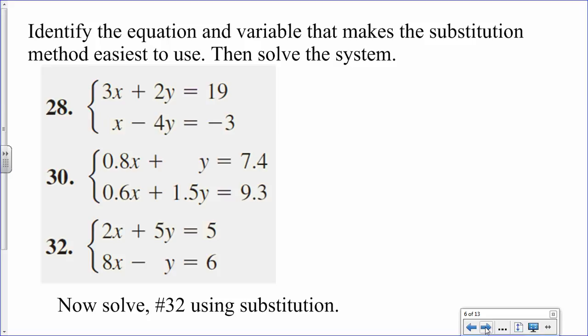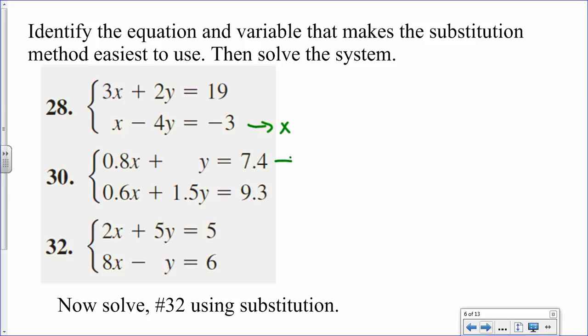All right, so 28, would I use the top equation or bottom equation? And which variable would I solve for? X. So bottom equation, solve for X. On 30, would you use the top or the bottom? And which variable?